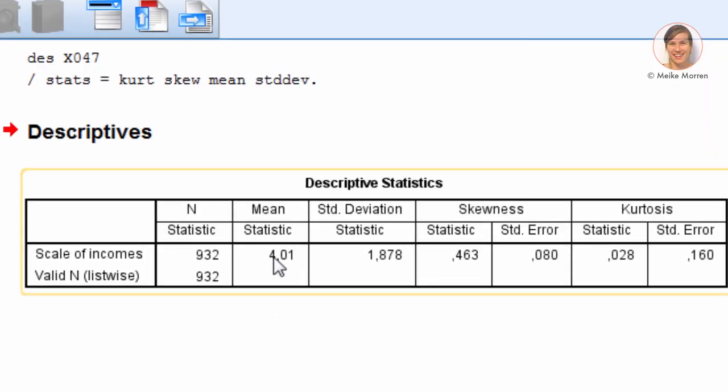Now, as you can see, the mean is 4, standard deviation 1.8. The skewness is significant, since if you divide the statistics by the standard error, you get a value higher than 1.96. The kurtosis is not significant. So to be certain whether this skewness really creates a big problem, we will look at the QQ plot.